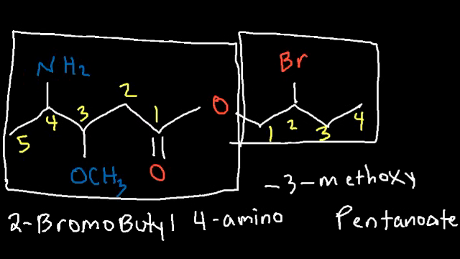So it's 2-bromobutyl 4-amino-3-methoxy pentanoate. And hopefully I got everything there. I'm trying to be careful and avoid mistakes, because when you have a complicated molecule, it's very easy to make a mistake. So now this is going to be the last example for today.